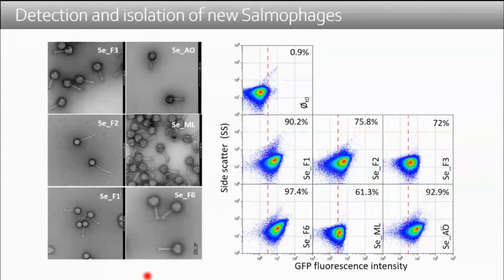So what he obtained was a bunch of phages. We didn't analyze them all yet because there are many. And you can see that all of them, these new phages, can enrich, but not to the same proportion. They enrich the on subpopulation.